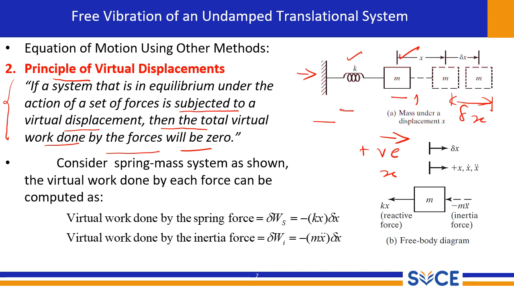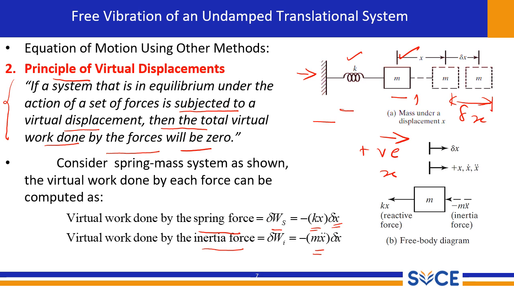Now, let's calculate the virtual work done. Virtual work done by the spring force is del Ws equal to minus k of x into del x, that is, the stiffness of the spring into the infinitesimally small displacement. Similarly, work done by the inertia force is minus m x double dot into del x, that is, the virtual displacement. According to the principle of virtual displacements, total virtual work must be zero.